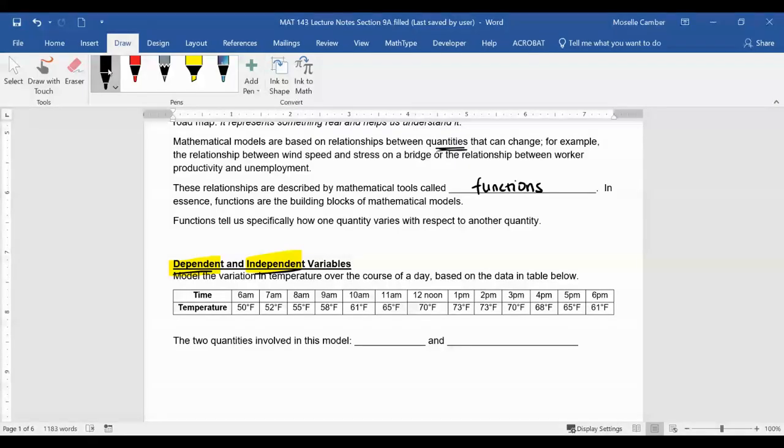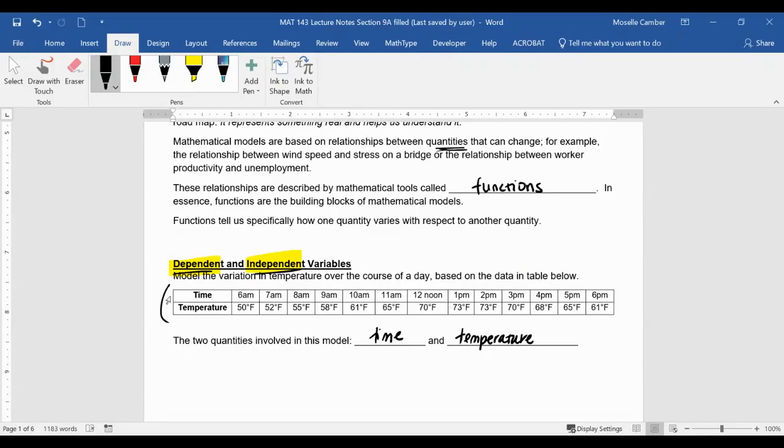So for example, if we're comparing time of day and the temperature of the air, one of these is going to be dependent on the other. The two things we're describing here, of course, are the time of the day and the temperature.